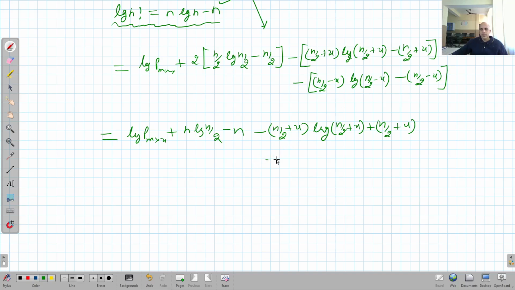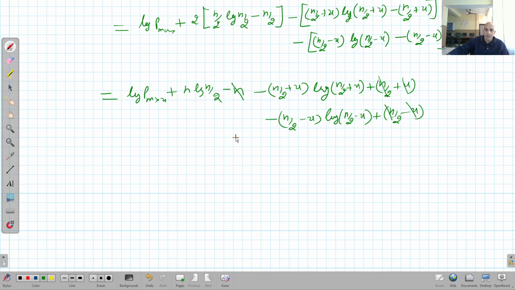Here then minus n/2 minus x log of n/2 minus x minus plus n/2 minus x, right? So you can see here it is n/2 plus x and the minus x got cancelled, n/2 and n/2, it is n, so n again got cancelled with n.